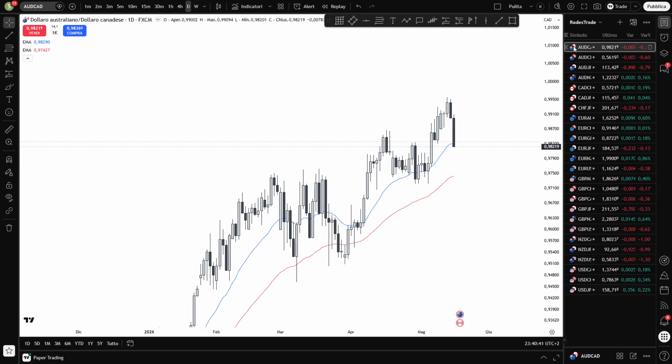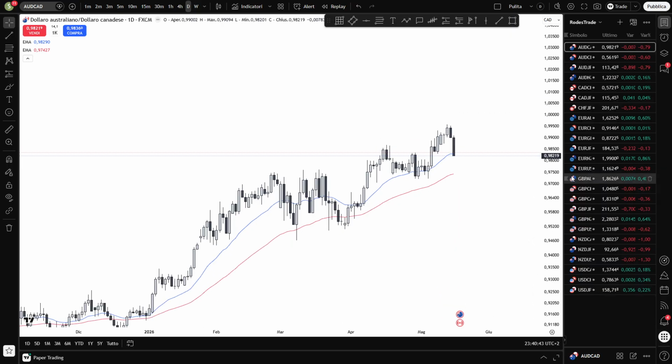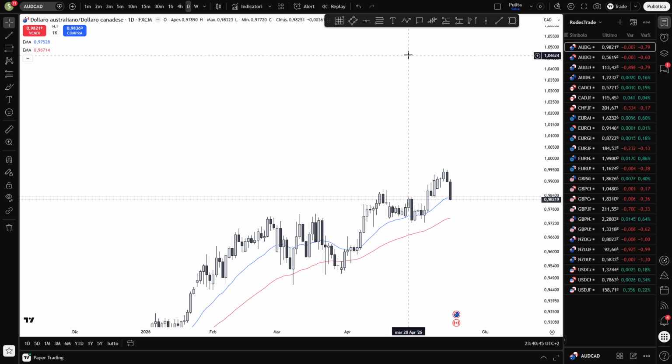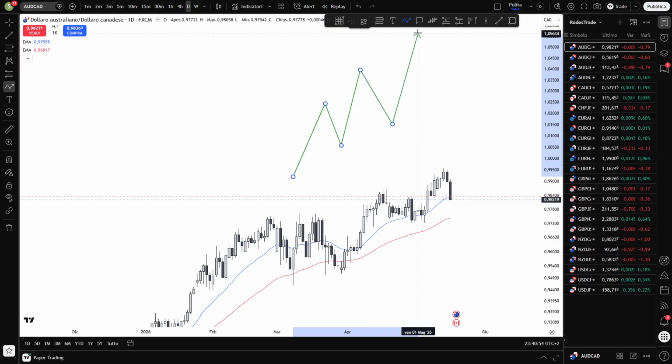Let's start from the top, okay? I'll briefly go through what I want to see in a chart. My overall idea is I want to see a bullish trend. I want to see an expansion on the upside.